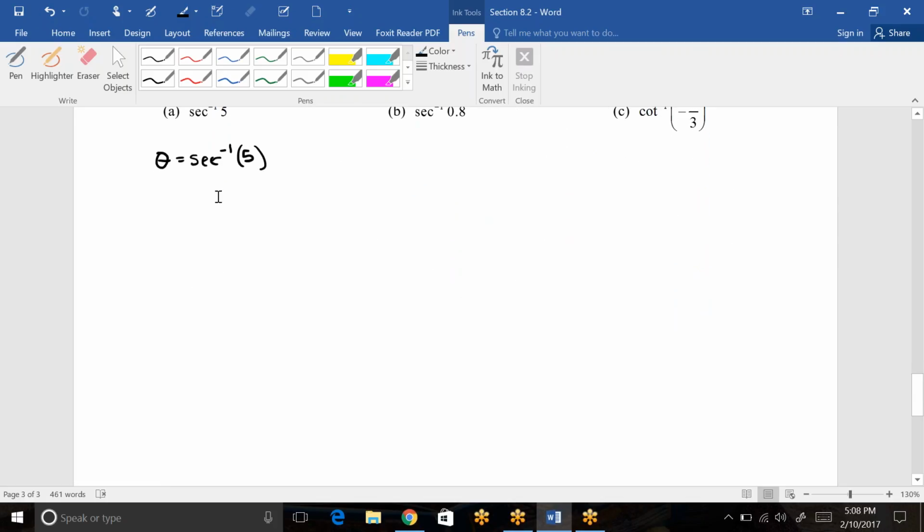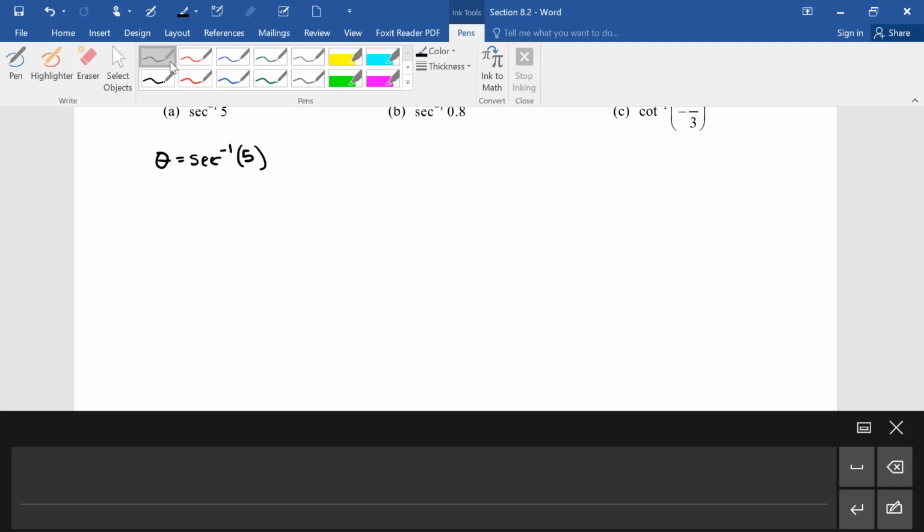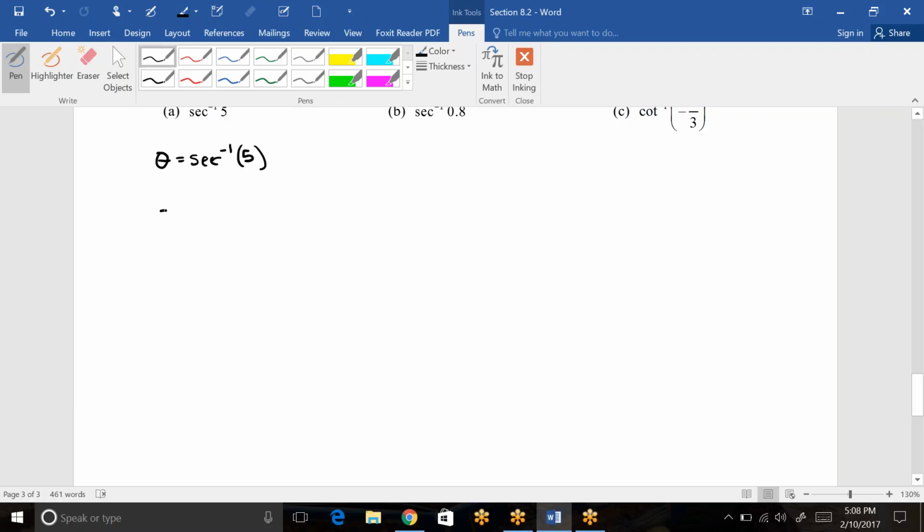So we can think of, first of all, if this is our inverse, then secant theta equals 5 when theta is between 0 and pi, but not pi over 2. The reason that's good is because 1 over secant theta is cosine theta. So that means we would just need to flip this.